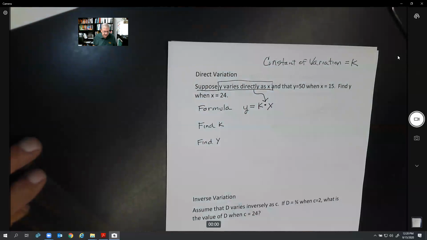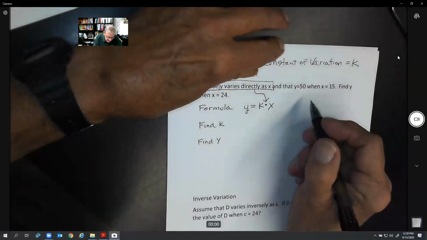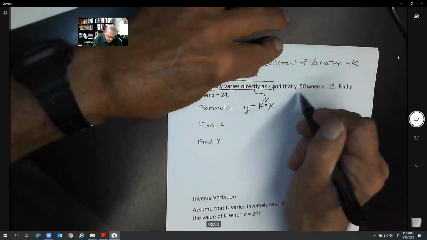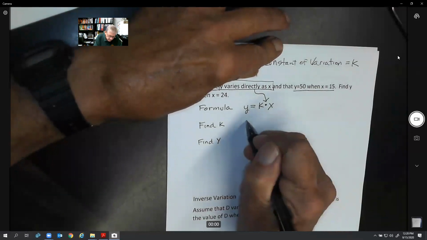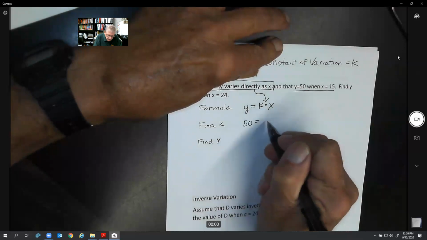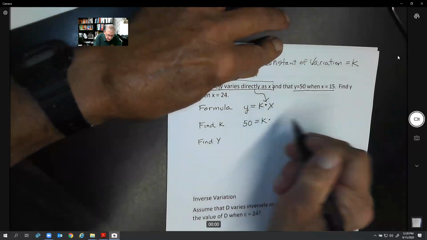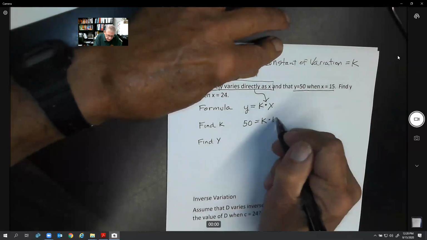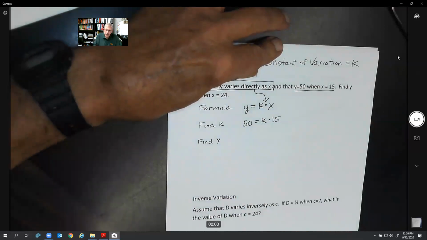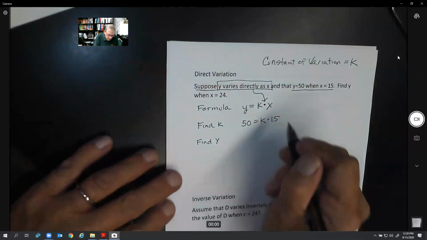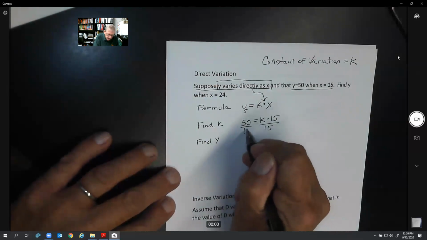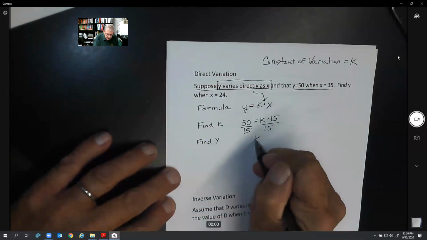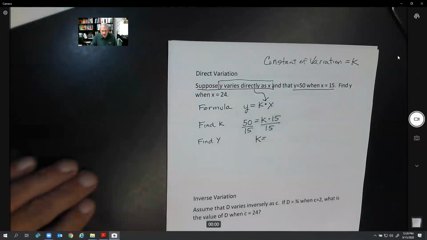Y equals Kx. Now we're going to try to find K by substituting in these values. Y is 50. K we are trying to find, and X is 15. We're going to solve that by dividing both sides by 15. And that'll give us our constant of variation.